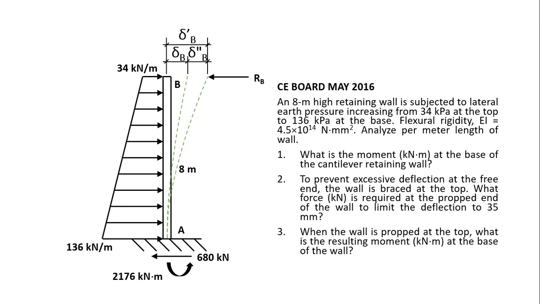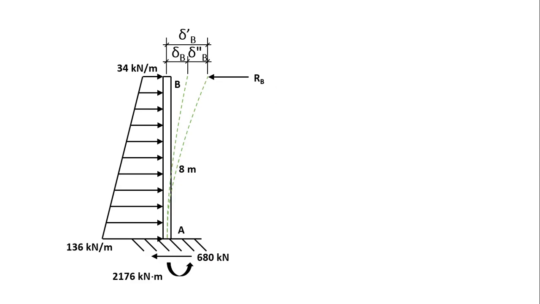Okay. So, take note that delta prime B plus delta double prime B is equal to delta B. Okay, in terms of magnitude.